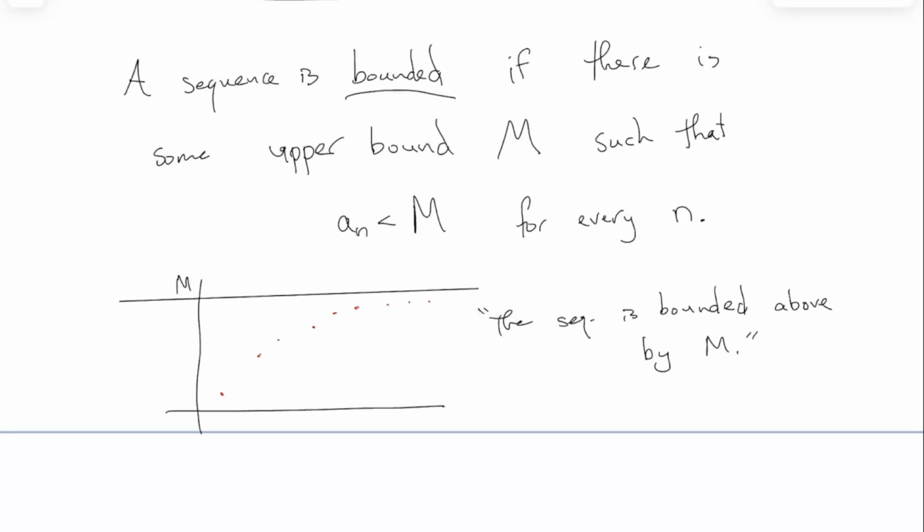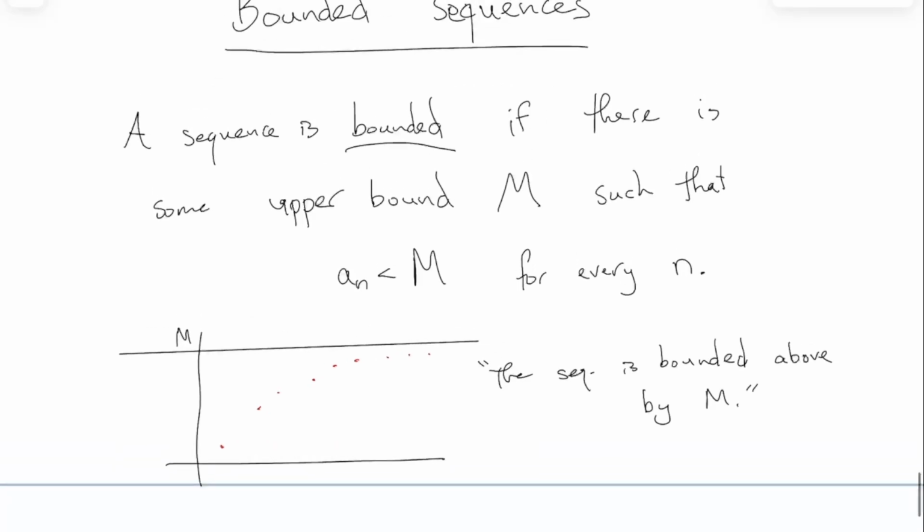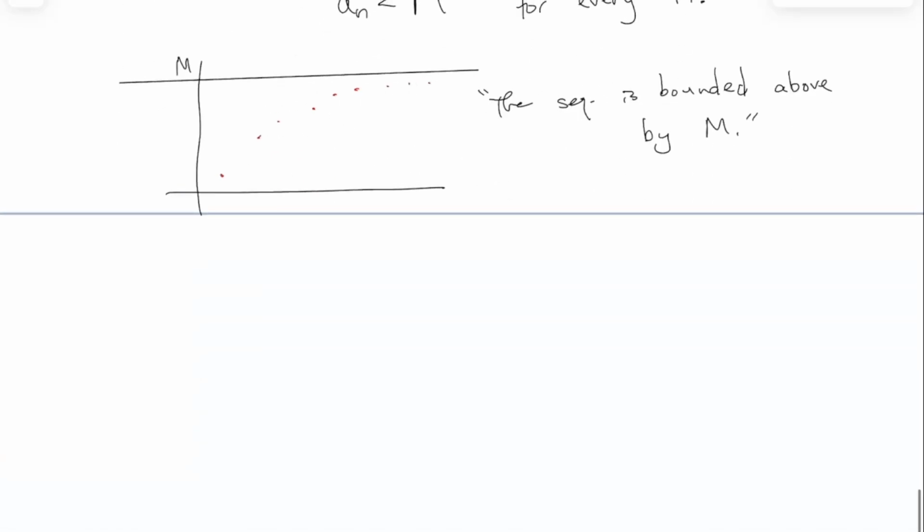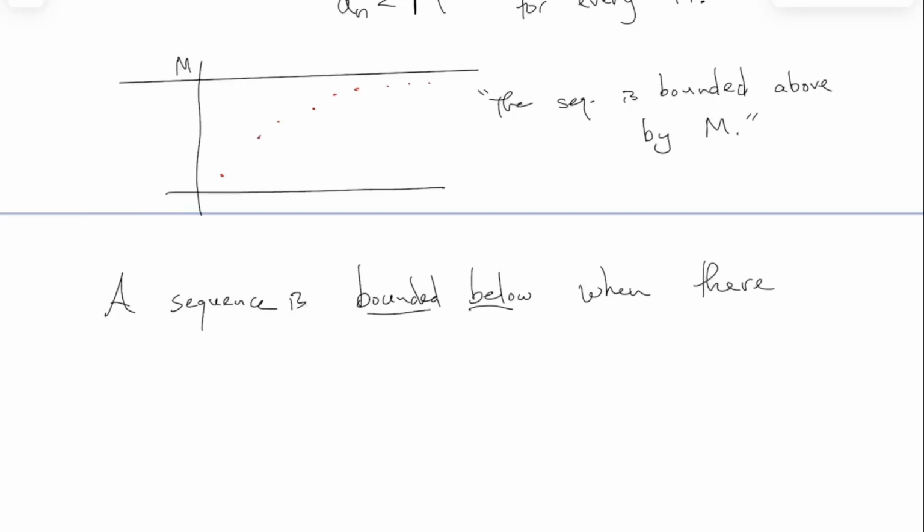Or there's also such a thing as bounded below. Now, when people say the word bounded, it means this, bounded above, but to be more specific, our book often writes it this way, bounded above, just to be clear, because they're also going to talk about bounded below. It means all the same stuff, only bounded below means there's a number down at the bottom that they never go down past. So a sequence is bounded below when there is some number, the lower bound.